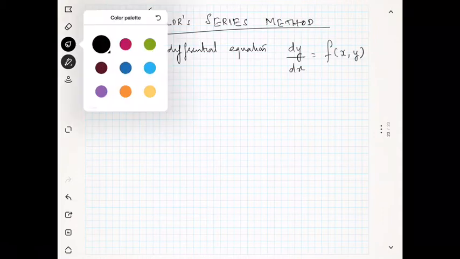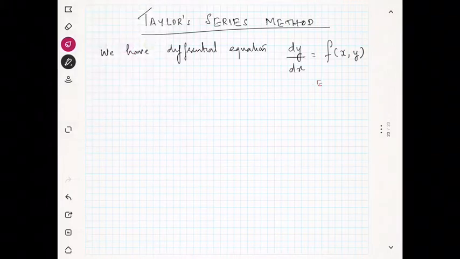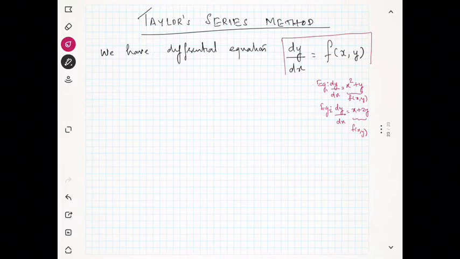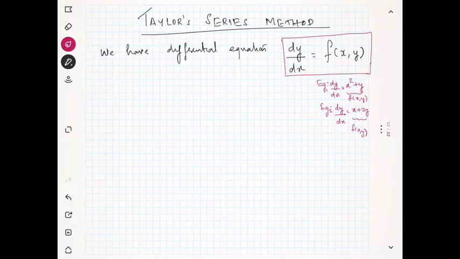Maybe some example: dy by dx is equal to x square plus y. Another example, dy by dx is equal to x plus 2y. These are all functions of x and y. You can see on the right side, this is a function of x comma y, and this is also a function of x comma y. So that's why we are using the general form: dy by dx is a function of x and y.